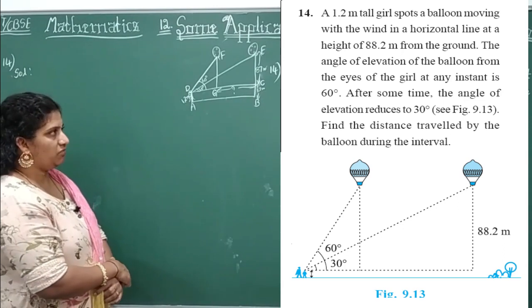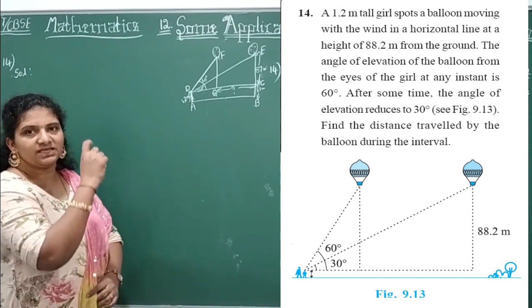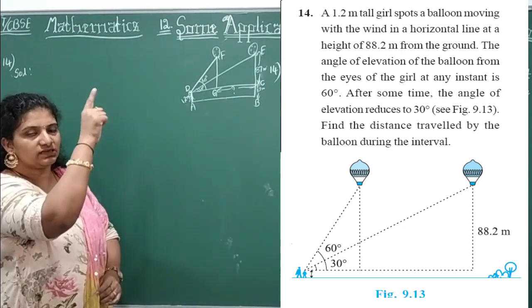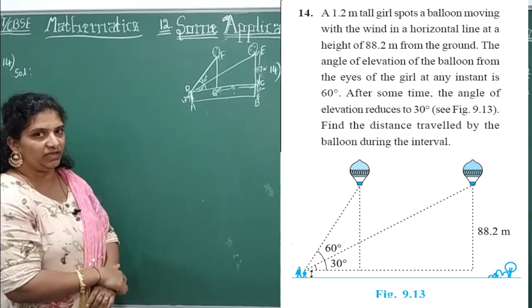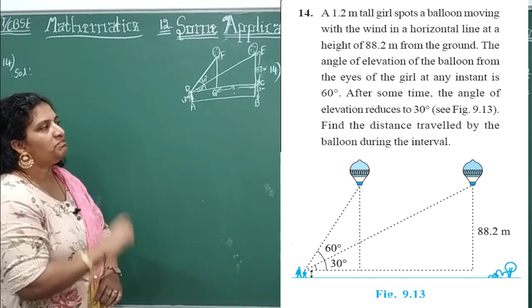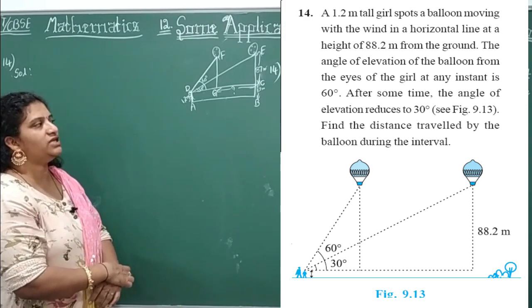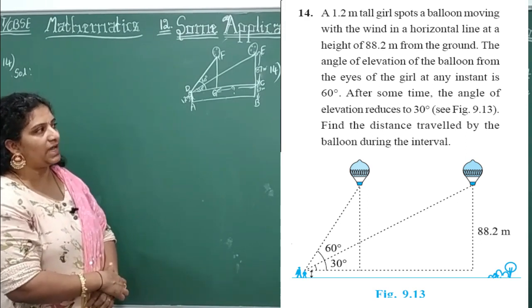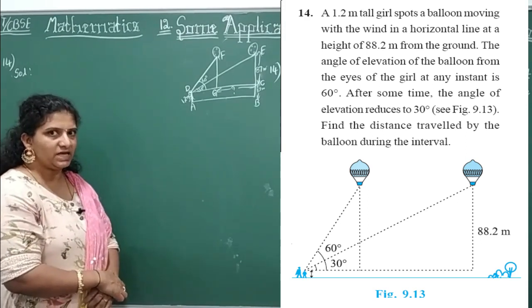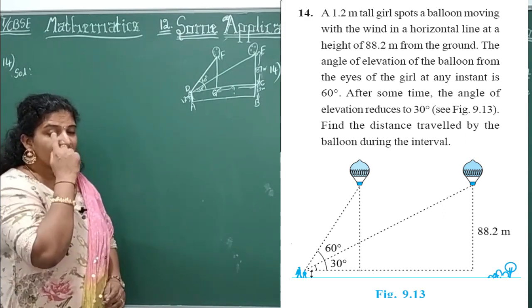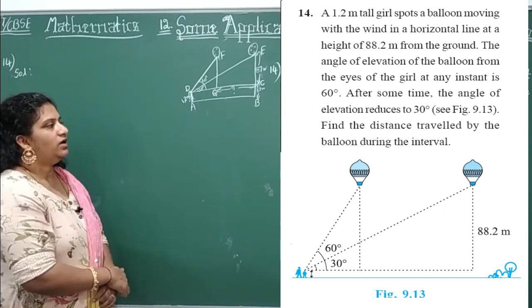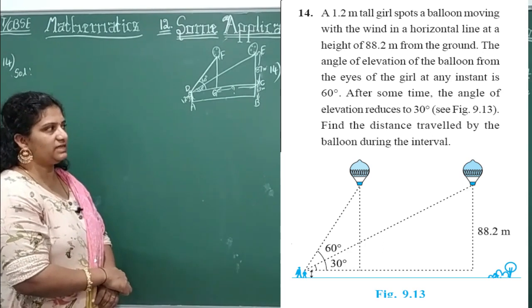Okay. Now what happened? The angle of elevation of the balloon from the eyes of the girl. Yes, observe the point carefully. The eyes of the girl at any instant is 60 degrees.